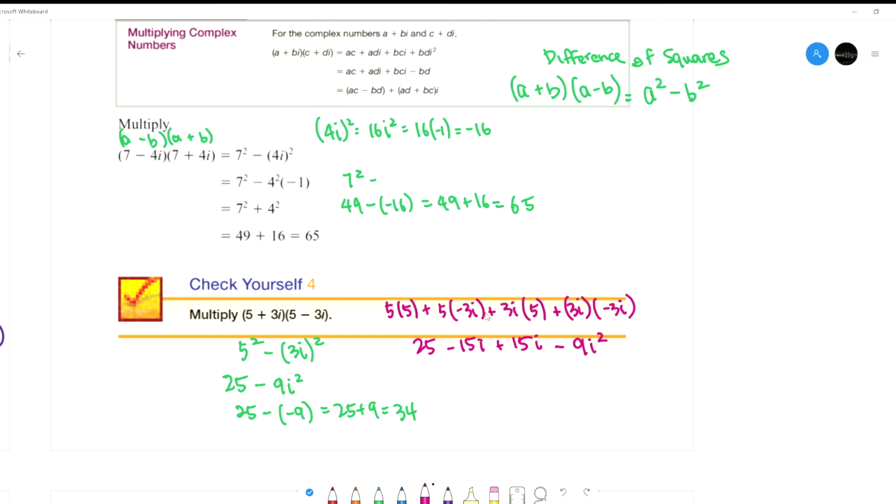So this is longer because this first way, once you get comfortable with it, you can do most of it in your head. The middle two terms cancel out to 0, and you have 25 minus negative 9, which is 34. So yeah, you can FOIL it, but I would try to remember the formulas for these.